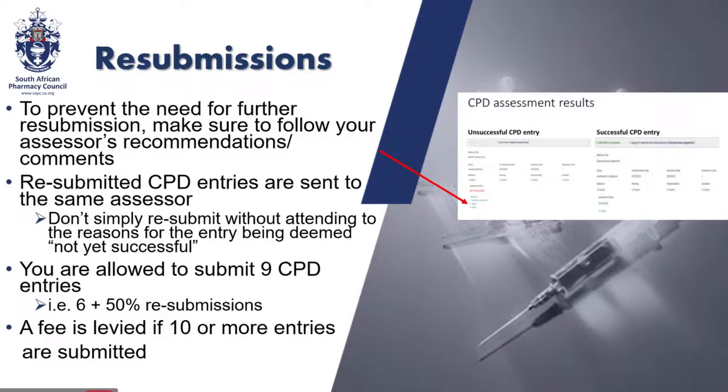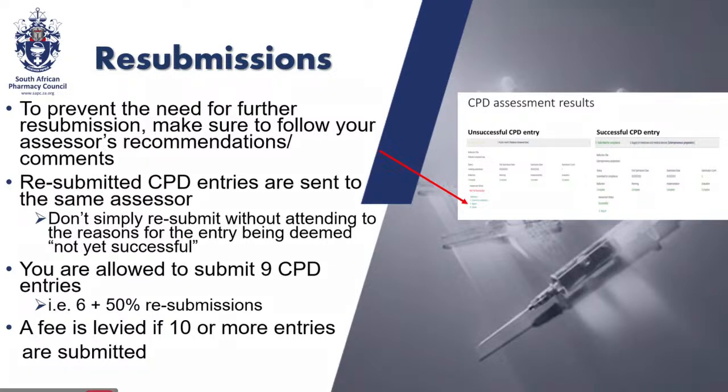There are comments that you can look at with both of them. The one on the right in green says successful, and in red on the left hand side it is not yet successful. So then you should make the changes and start with the resubmission.